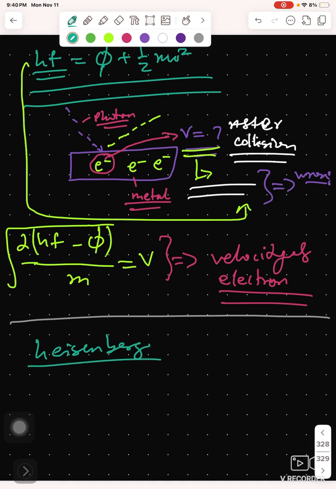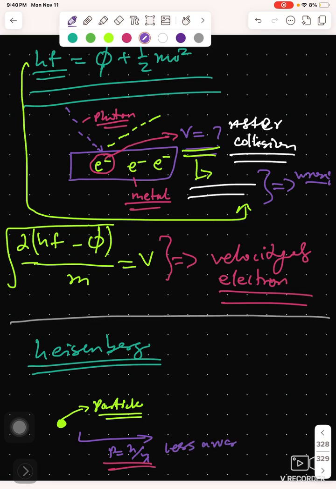Heisenberg's uncertainty principle says that if you know the position of a certain particle, you are less aware of its momentum. Let me write it in terms of the momentum: less aware, less knowing.